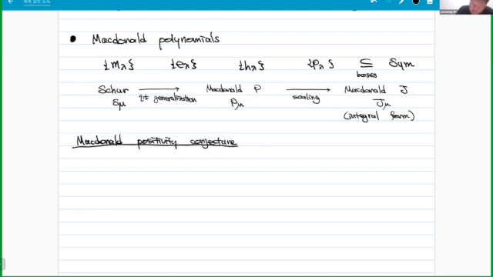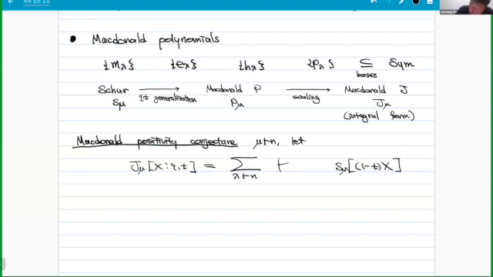For a partition mu, let J_mu be expanded into the Schur function, but with a plethystic substitution, and let the coefficients be K_lambda,mu. You mean s_lambda? Oh, sorry, s_lambda. Thank you.